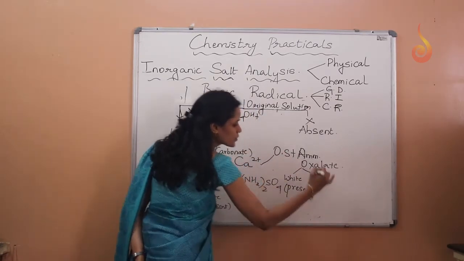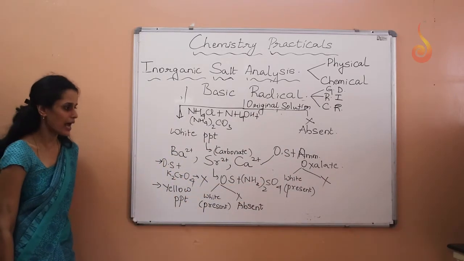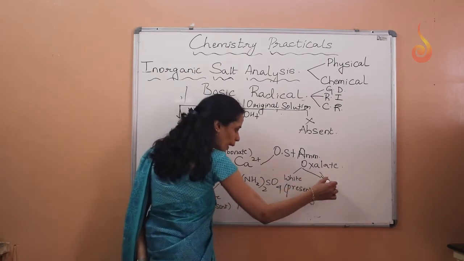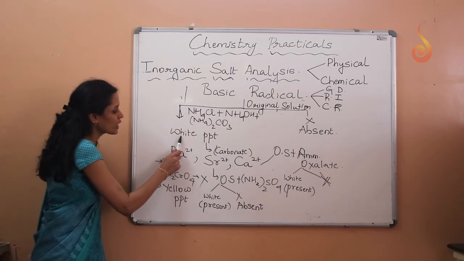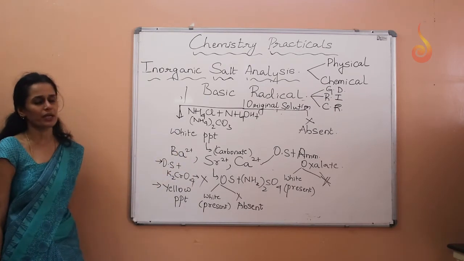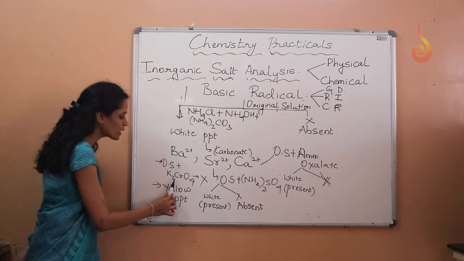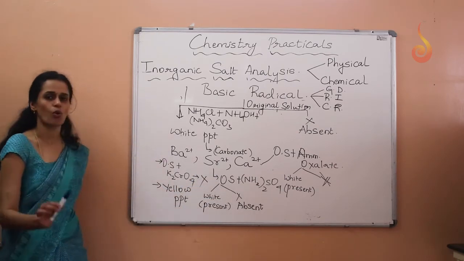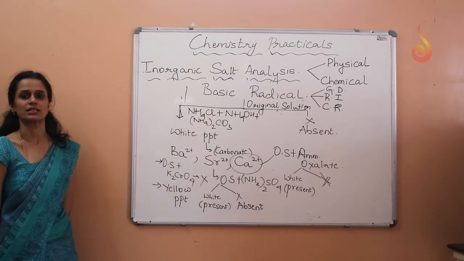If we don't observe any precipitate, then calcium ion is absent. So there is no question of absence of calcium ion if we get a white color precipitate during the group detection test. No barium and no strontium means obviously it is calcium ion itself.